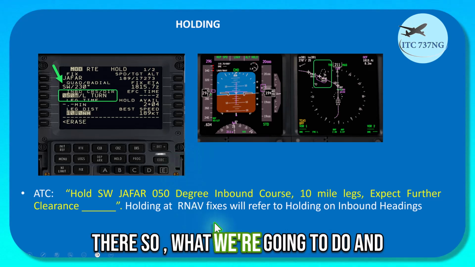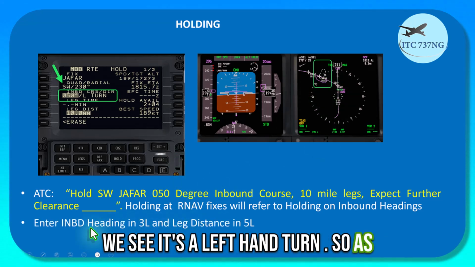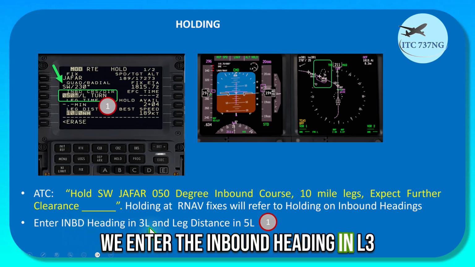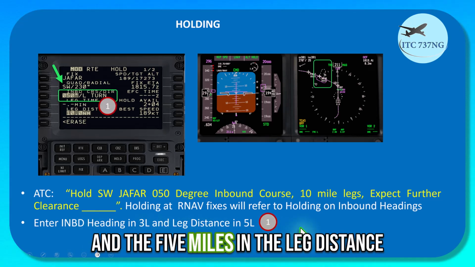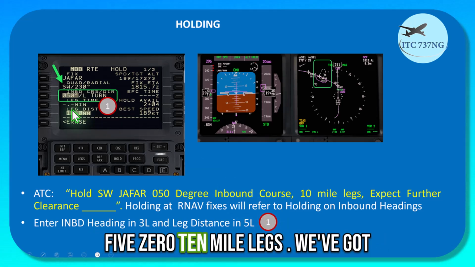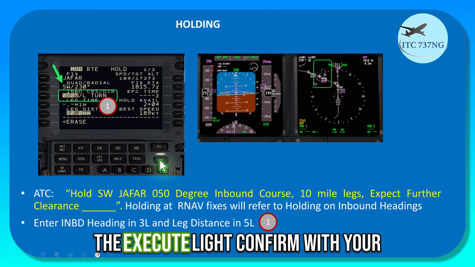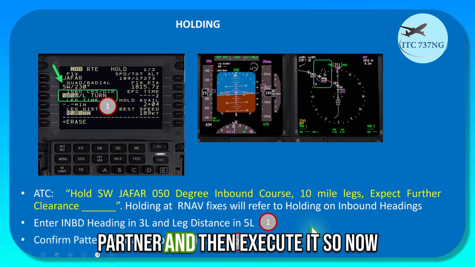So we see it's a left-hand turn. As we enter the inbound heading in 3L, and the 10 miles in the leg distance on the legs page here, we can see 050, 10-mile legs. We've got the depicted pattern here. We've got an execute light, confirm with your partner, and then execute it.